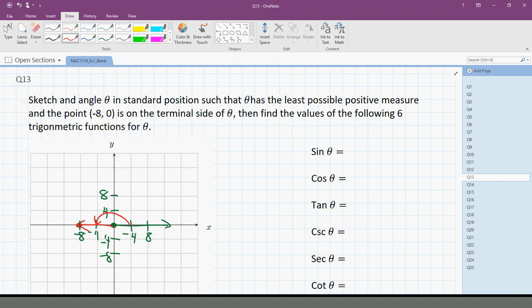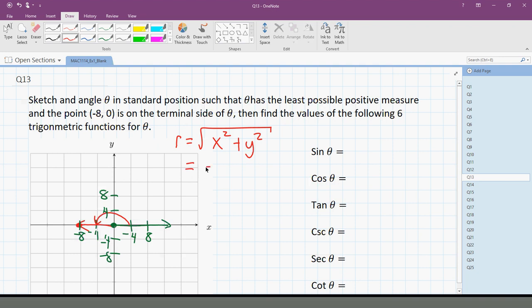Okay? So, real quick for this, to find sines, cosines, and tangents, because we are not at the unit circle, our radius is not 1, we should find the radius. What's the formula for finding the radius? X squared plus y squared. It's your Pythagorean theorem.